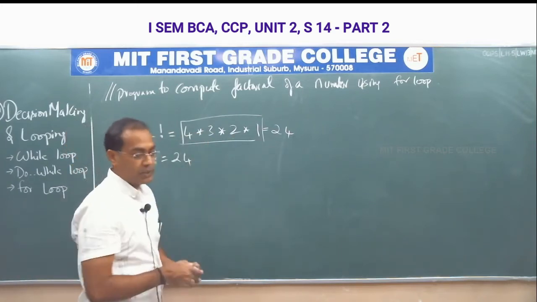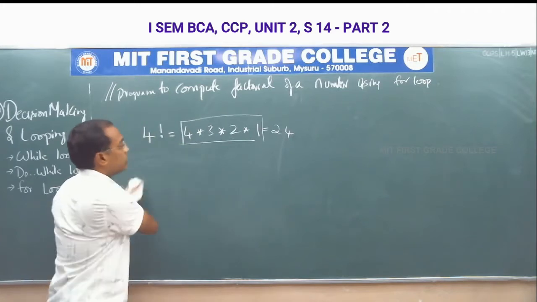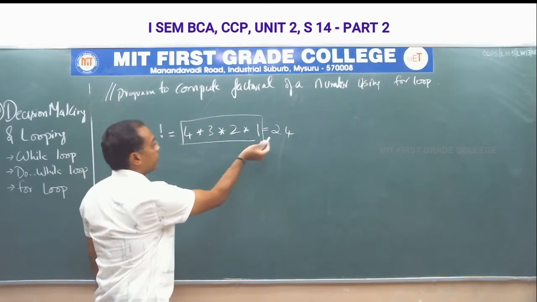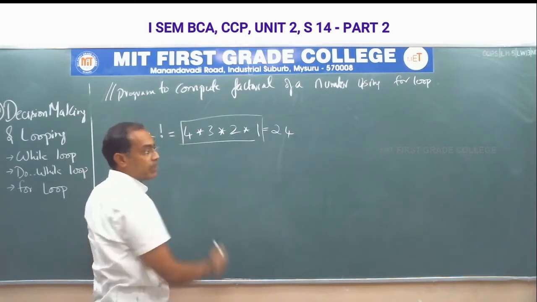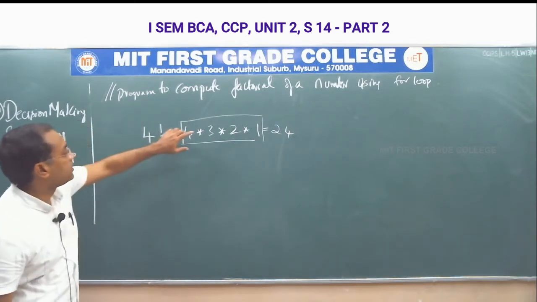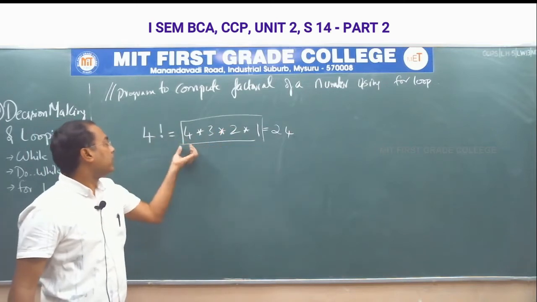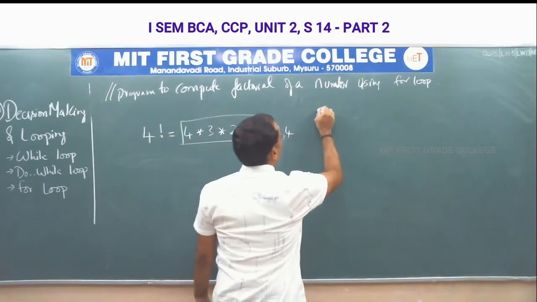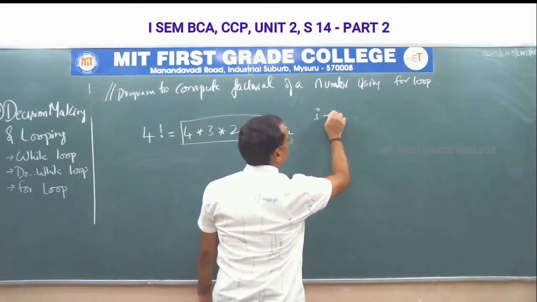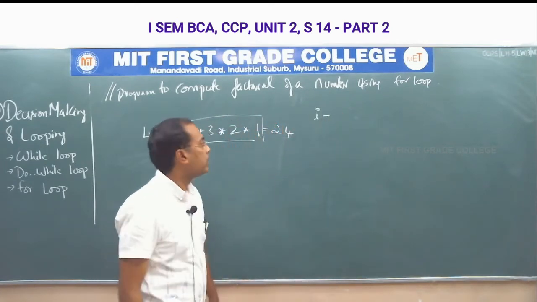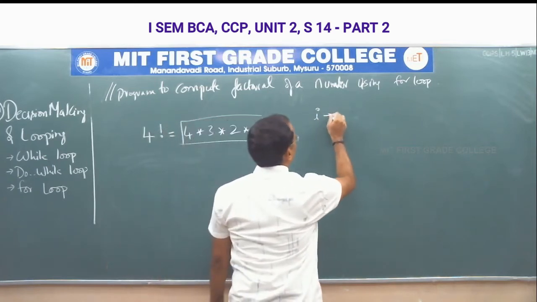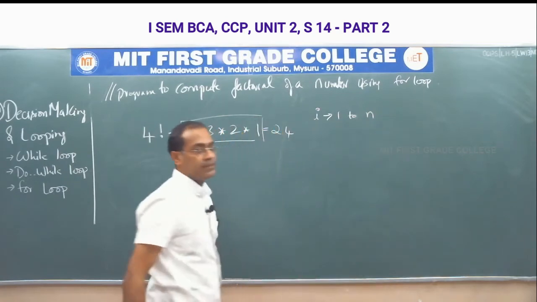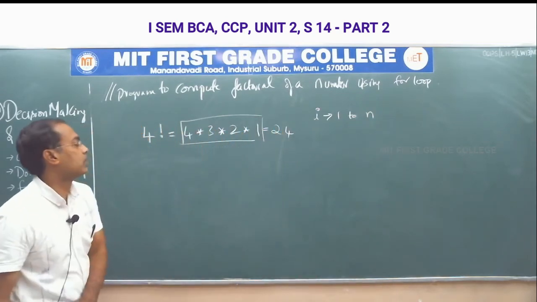The very first observation is that the number is decrementing, or if you see it from this side, the number is incrementing, starting from 1 and going up to n. So now you come to know that i can be considered as the loop iteration variable, and it starts from 1 and goes up to exactly n.